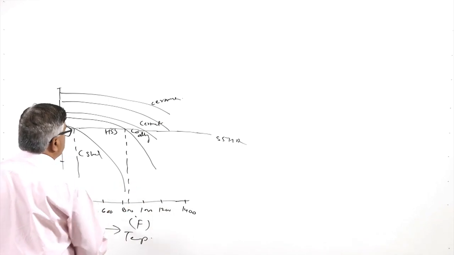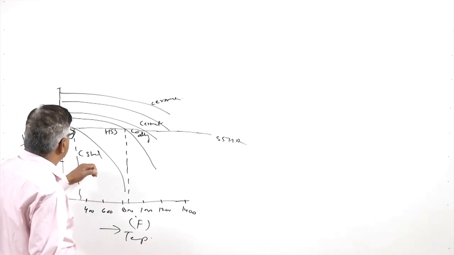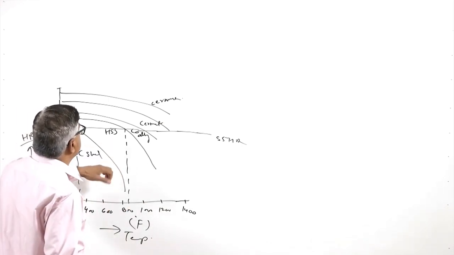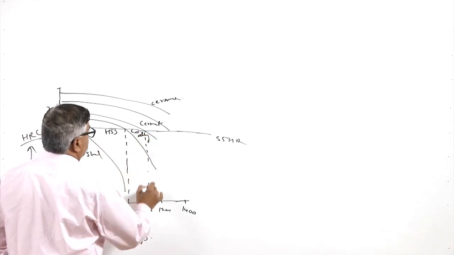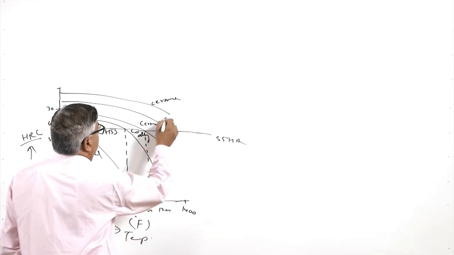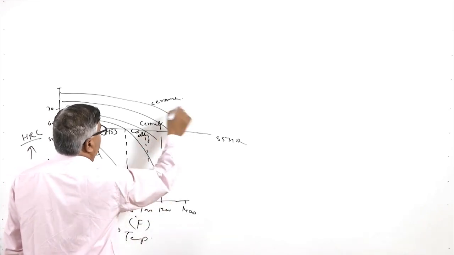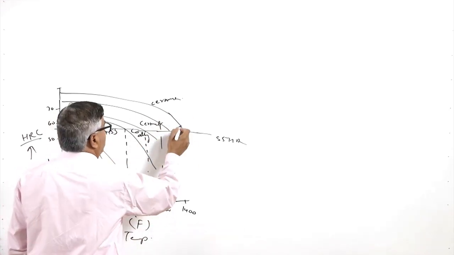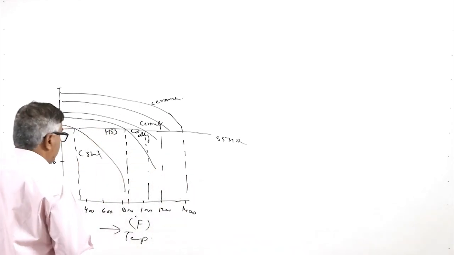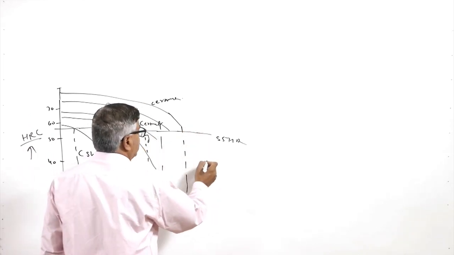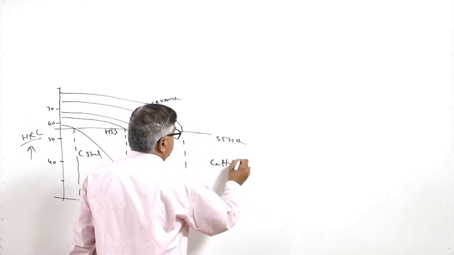So, we need to work at lower speeds when using carbon steel or high speed steels, while much higher speeds can be afforded by cast cobalt alloys, and cermets and others can afford much higher temperatures without losing their hardness. So, this is important in governing the cutting speed.